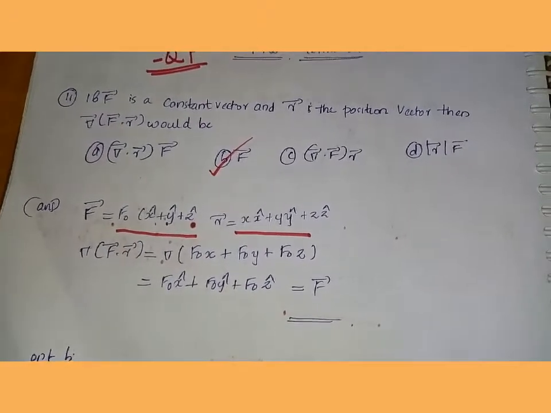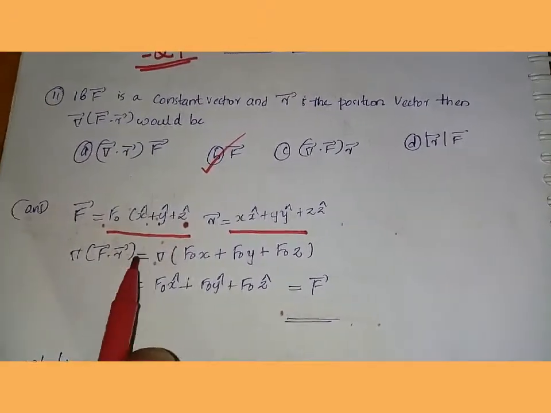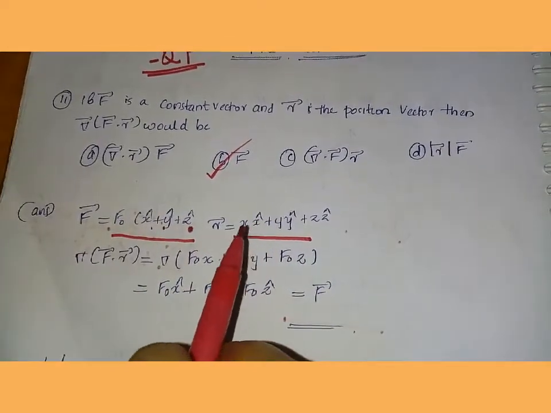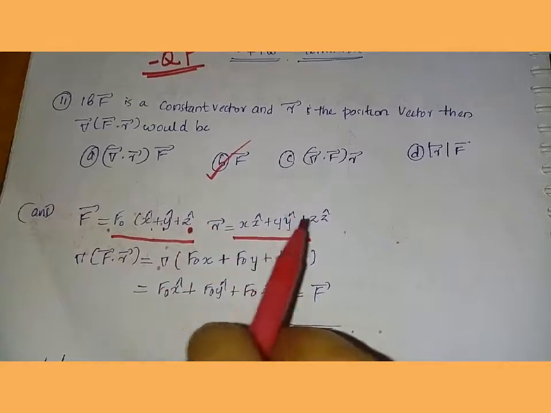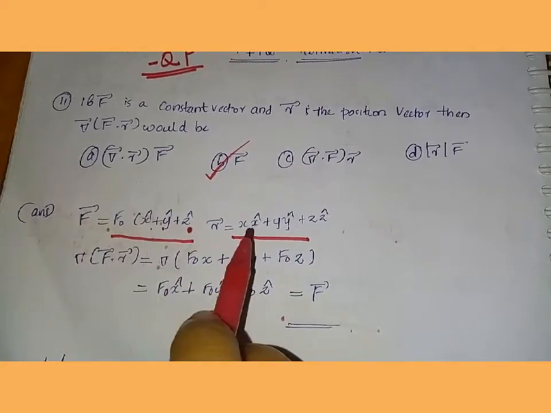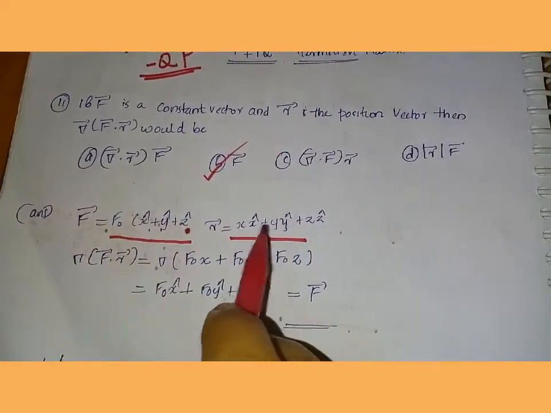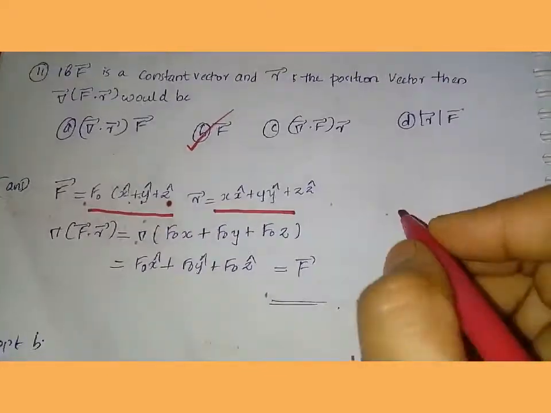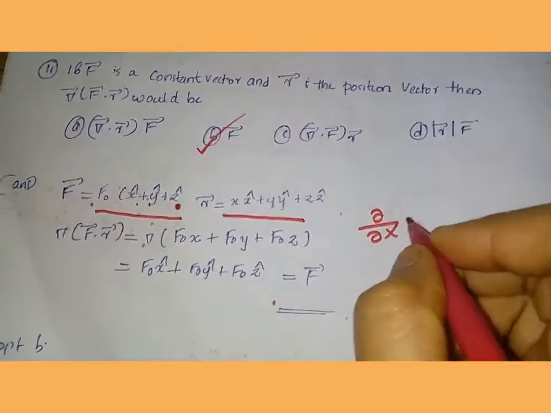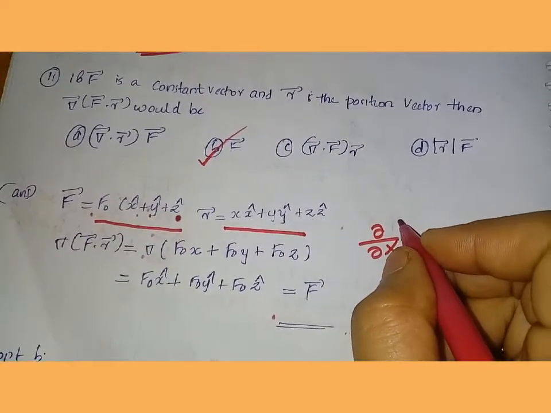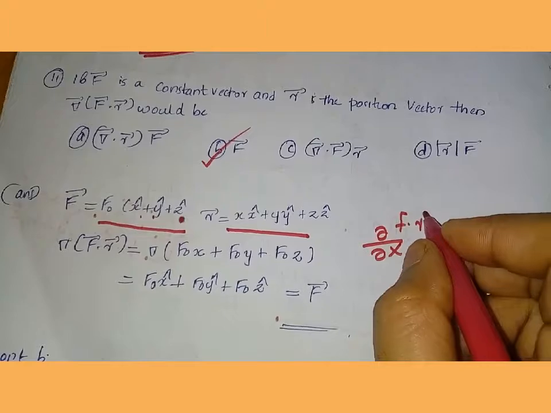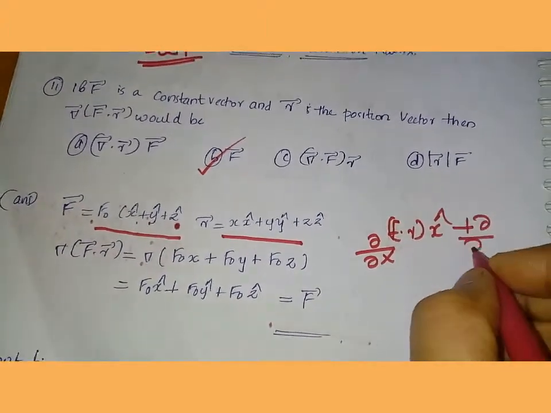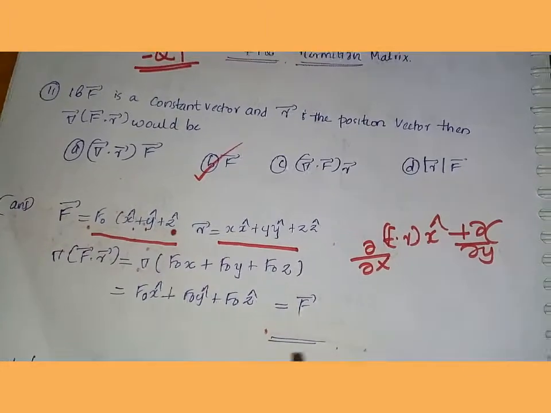And for del of f dot r, f dot r, we know, is the sum of the products of the coefficients of x, y, z. Here we get f0x plus f0y plus f0z, and del means dou by dou x of f dot r, x cap, plus dou by dou y of, like that.